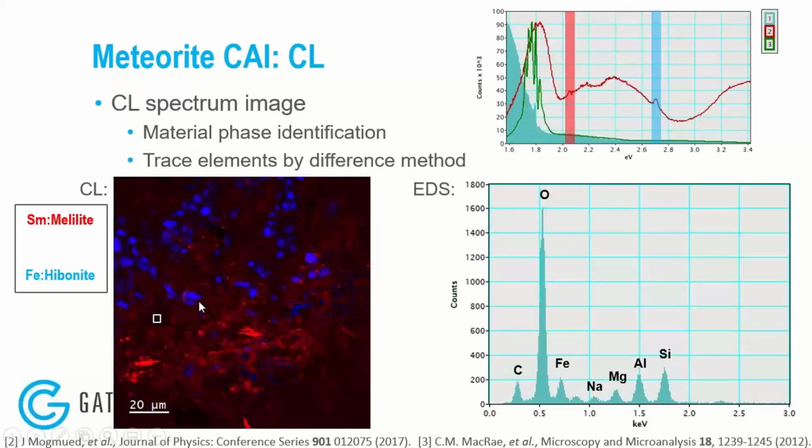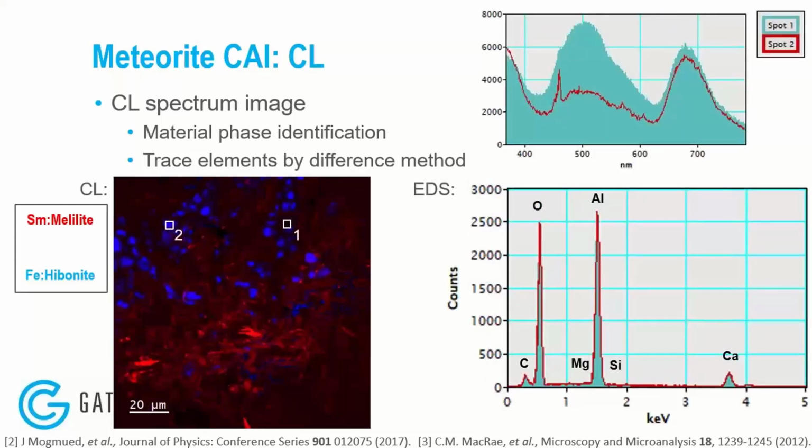Then we can look over here in the hibonite, where we're expecting there to be some iron, and it turns out we don't detect any. We conclude from this that the CL spectrum image is in fact detecting trace elements, because we know CL can be affected by much lower concentrations of elements that are included in them. So we're detecting on the order of parts per million in CL.